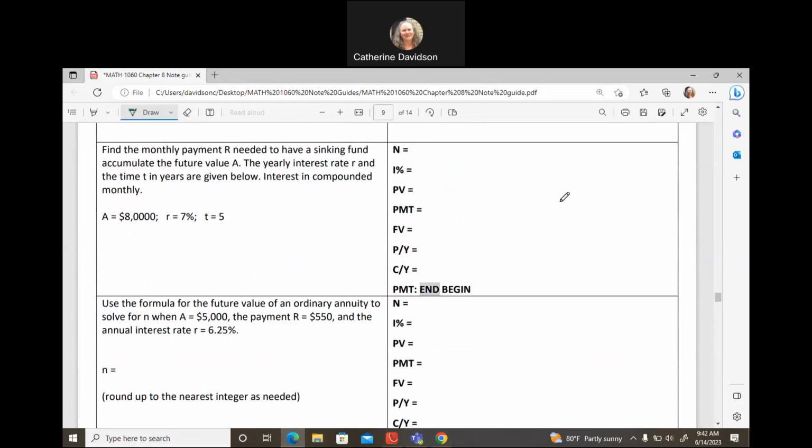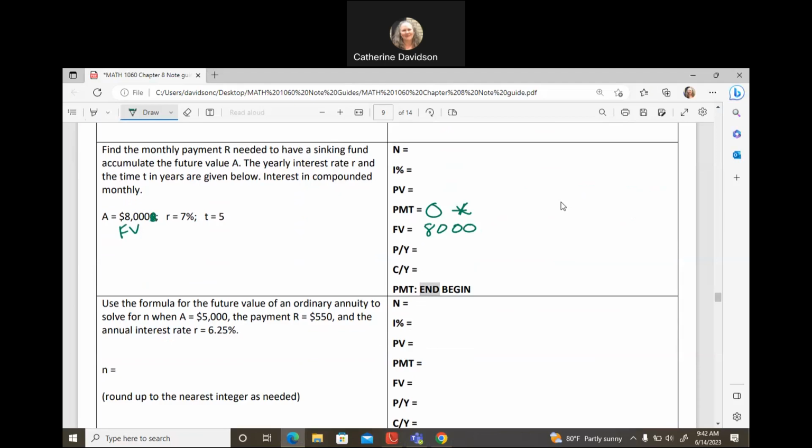Find the monthly payments. Monthly payments are what we're going to be looking for, to have a sinking fund accumulate the future value A. A is future value. In the future, we want to have, I think I have an extra 0 in there, so take that off.